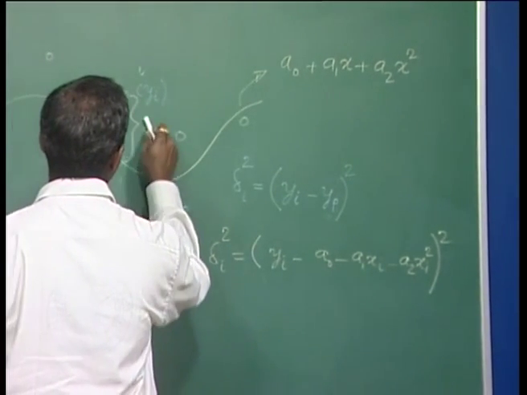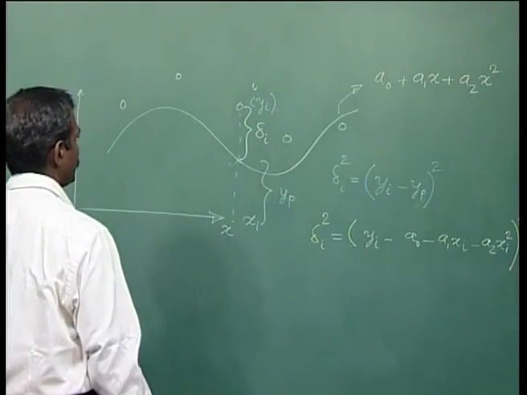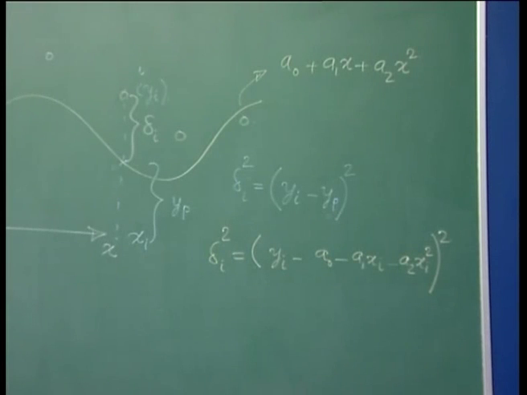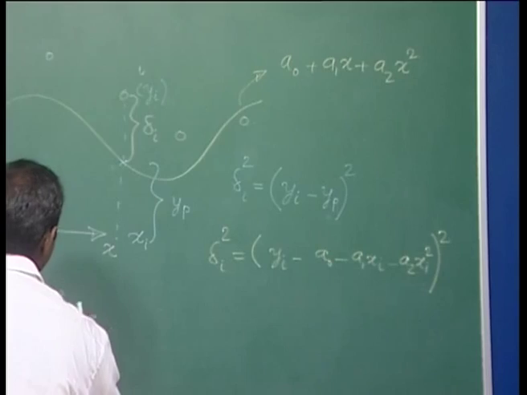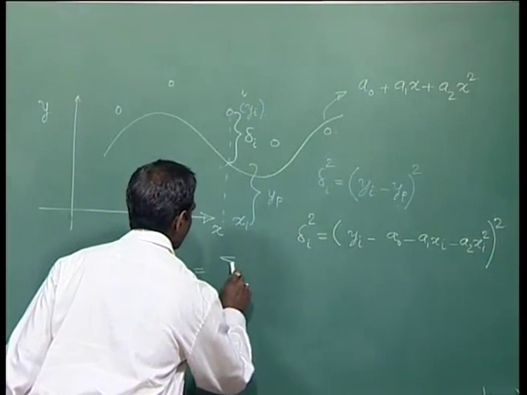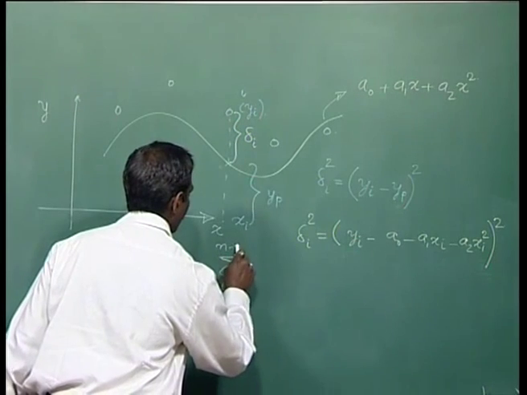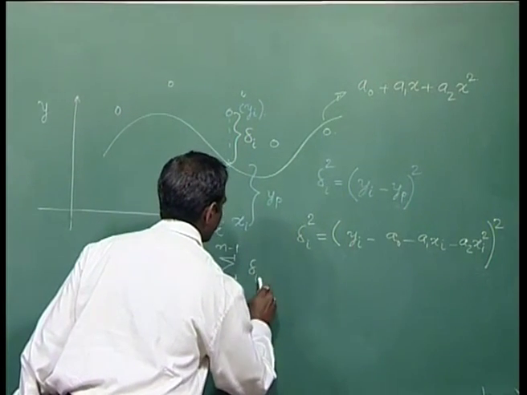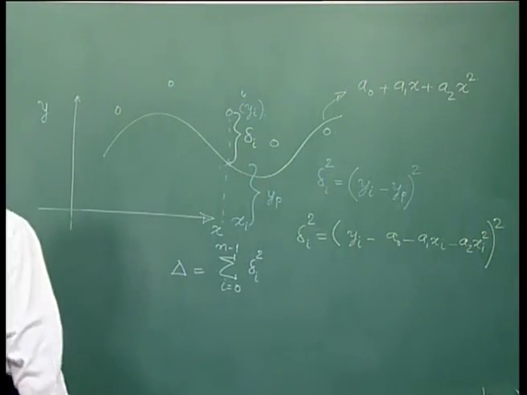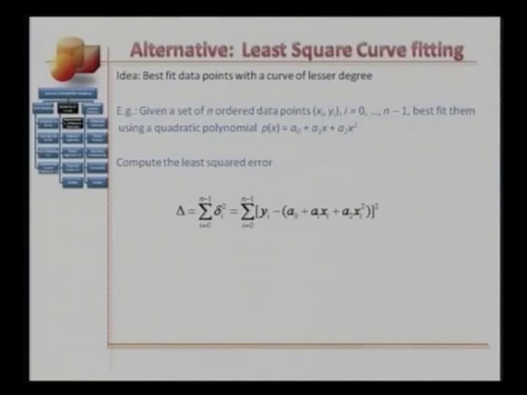This distance here, again, is delta i. Naturally, the overall error, capital delta, will be the summation over all the points of small delta i squared. Now, how do we compute the unknowns?